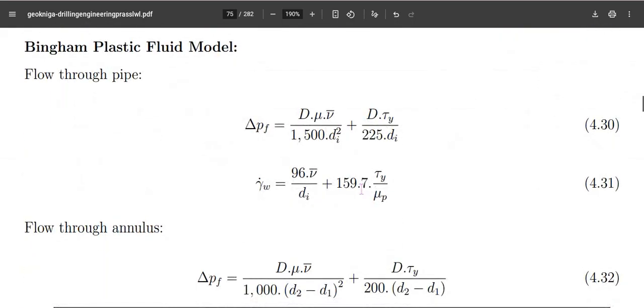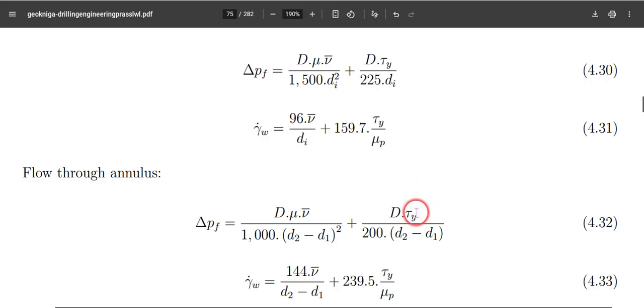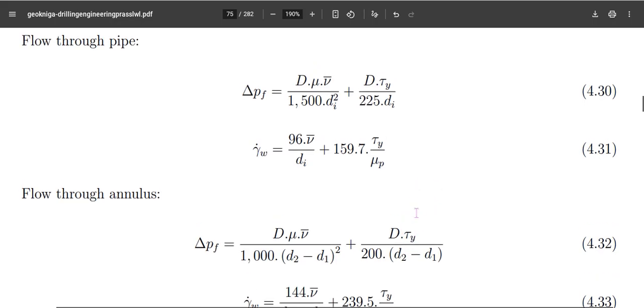So again, on the non-Newtonian side, both for pipe and annulus, especially for Bingham plastic fluid, 4.30 gives you the closed form solution for calculating the frictional pressure loss across the pipe, and 4.32 gives you the frictional pressure loss across the annulus for the Bingham plastic, considering those rheological properties like yield point and the plastic viscosity.